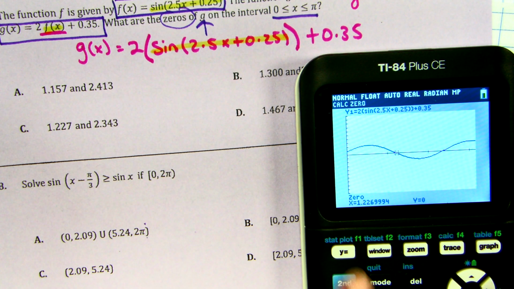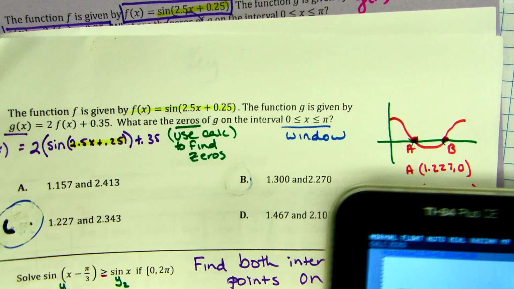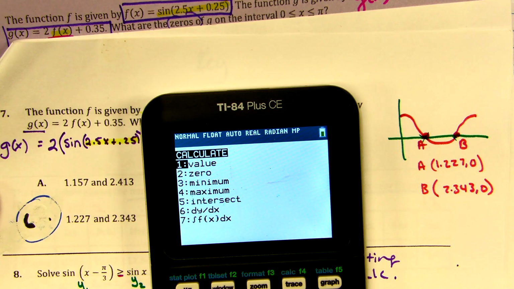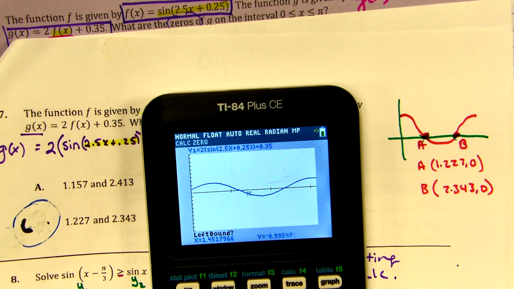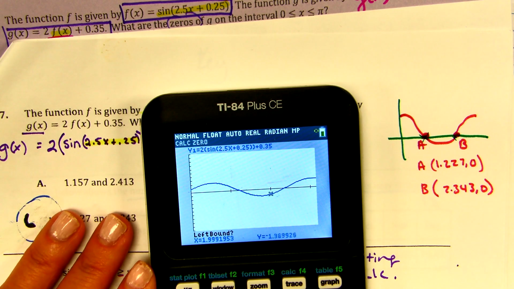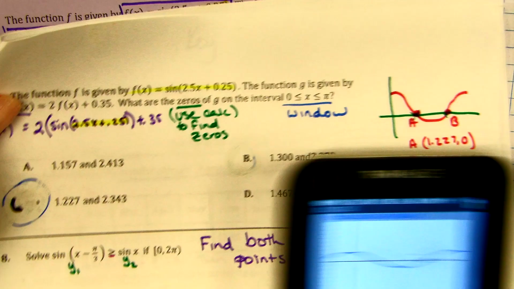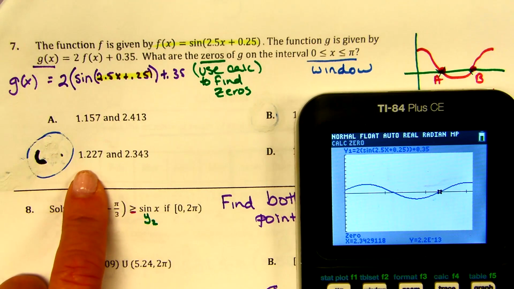So I wrote that down. And then I find my other one. Second zero over. Enter, enter, and I get 2.34. So those are my zeros, which is C.